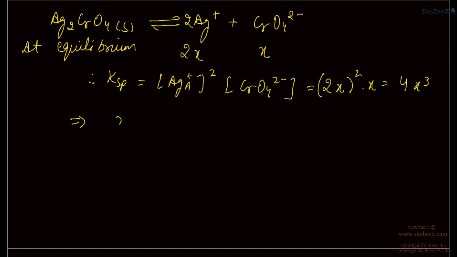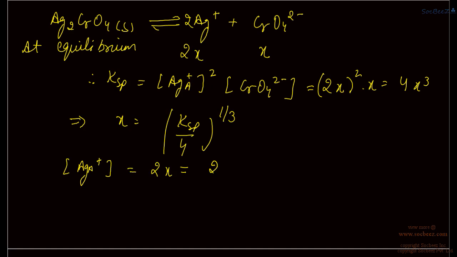Now since Ksp equals 4x cubed, the value of x equals (Ksp upon 4) to the power 1 upon 3. So the value of Ag+ equals 2x equals 2 into (Ksp upon 4) to the power 1 by 3.